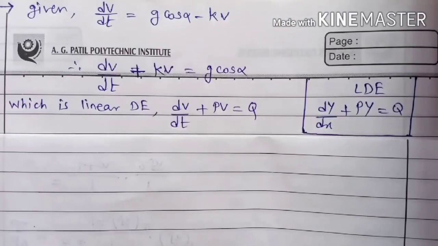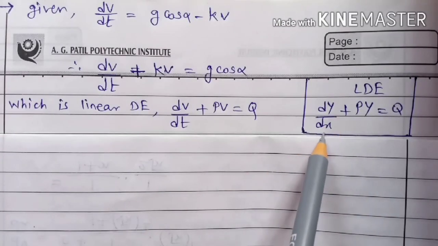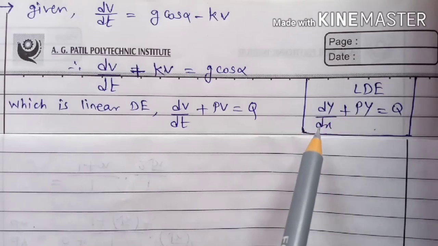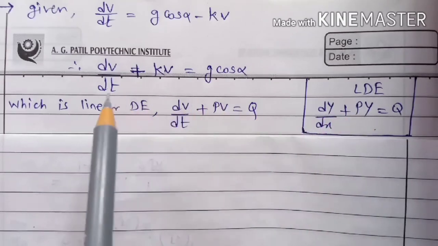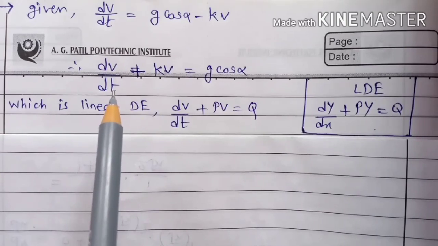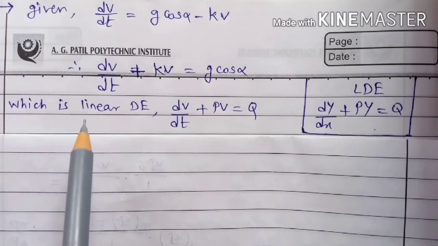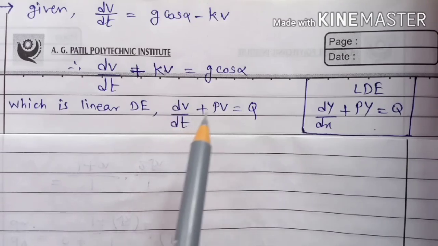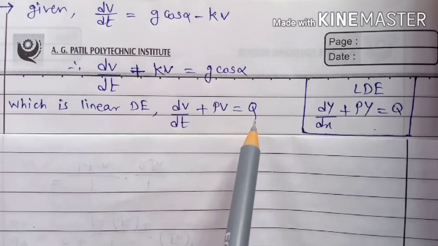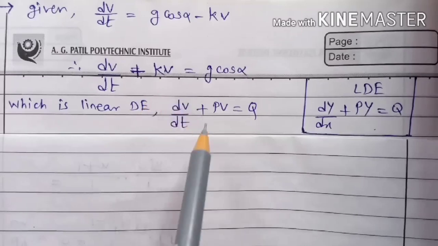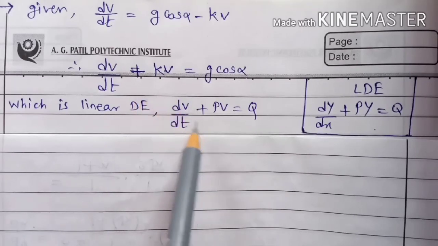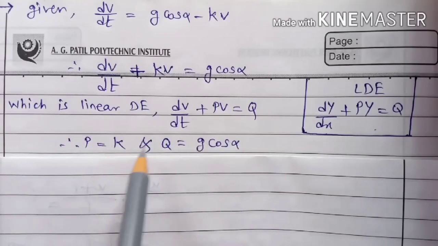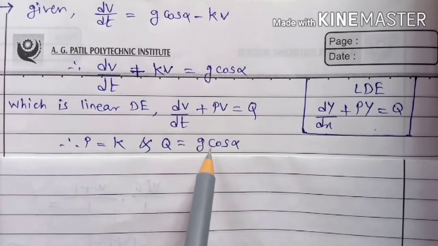The standard linear differential equation is dy by dx plus py equal to q, but instead of dy by dx in this question it is given dv by dt, so we take the linear differential equation as dv by dt plus pv equal to q. If we compare these two equations, we get p equal to k and q equal to g cos alpha.